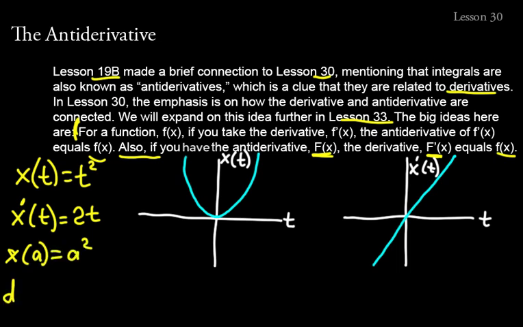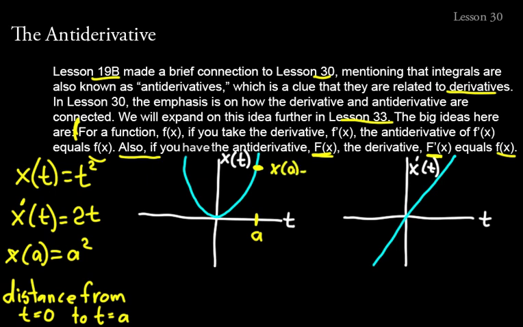And that's the distance from t equals 0 to t equals a. If this is a right here on the time axis, that point would be x of a equals a squared. Pretty straightforward, that's how we'd find the distance.